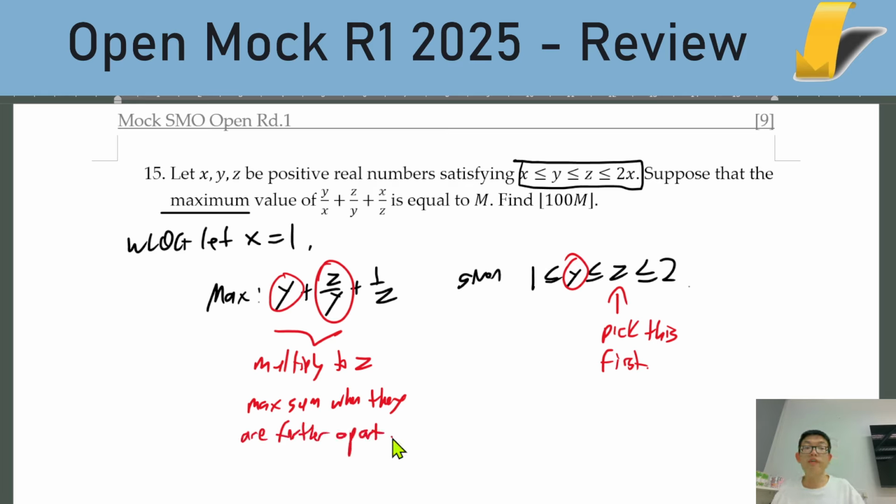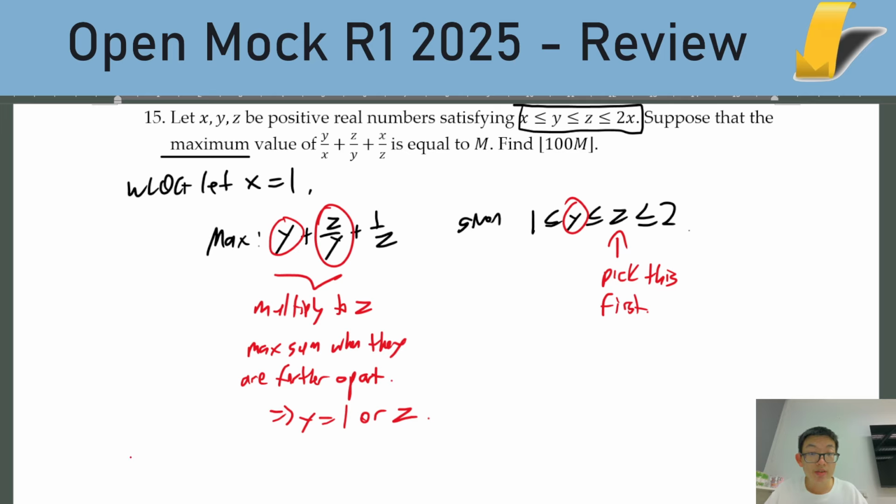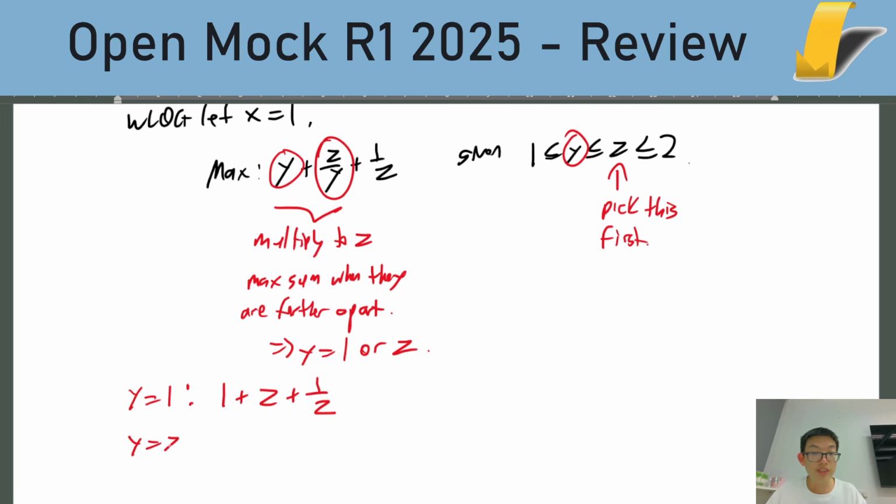And so therefore, if I want the maximum when they are further apart, it depends on the choice of z, but it means that y takes on an extreme value, either 1 or z. And so I just check both cases. If y equals 1, it looks like this. If y equals z, oh, it looks the same, right? Just in a different order.